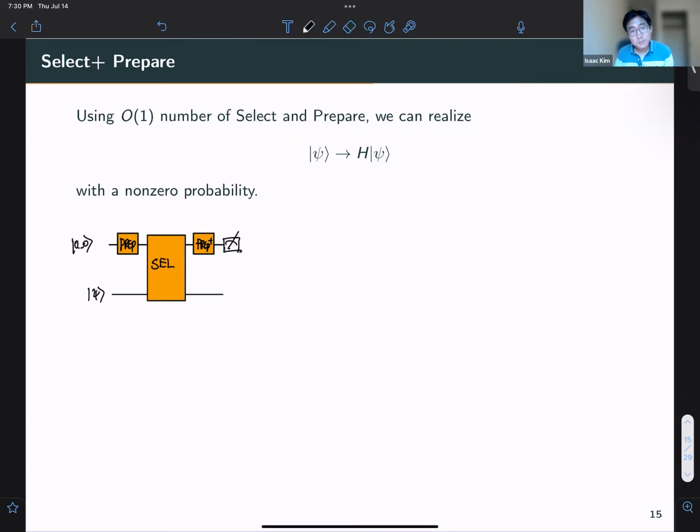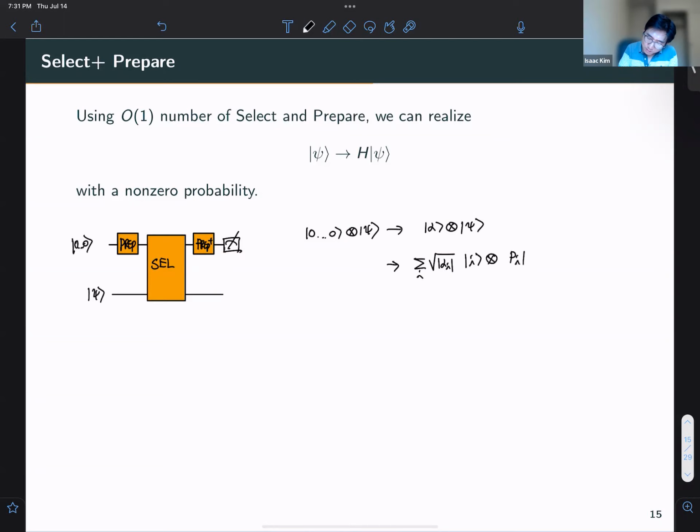So what happens? Well, let's try to analyze what happens. You start with the all zero state, tensor product with psi, and then you apply the prepare operation. So you have alpha tensor psi. Then you apply the select operation, and what you get is the following.